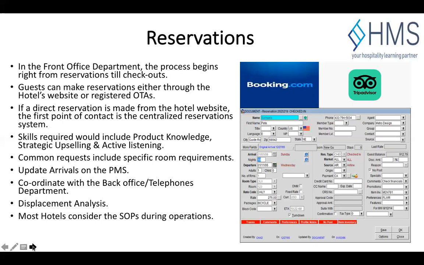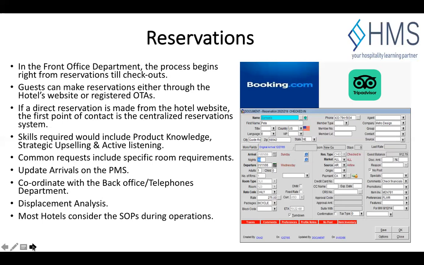So yes, most hotels consider the standard operating procedures during operations. Now, some of the typical standards used by hotels would include the telephone standards, whether the phone call is answered within 3 rings or 10 seconds with an appropriate greeting. It could also include that if the caller is put on hold, then the reservation associate must ask permission to do so.